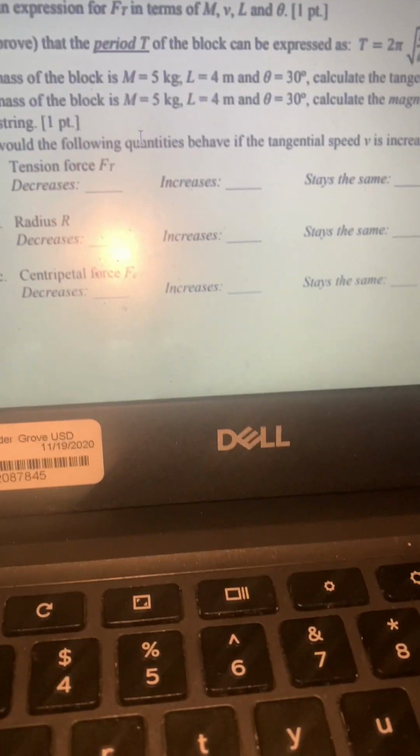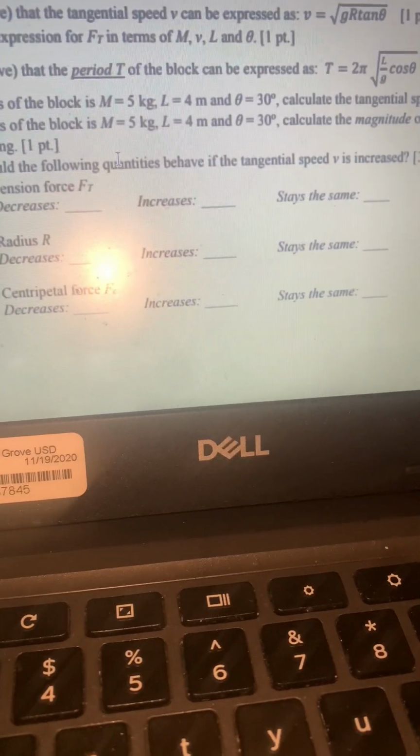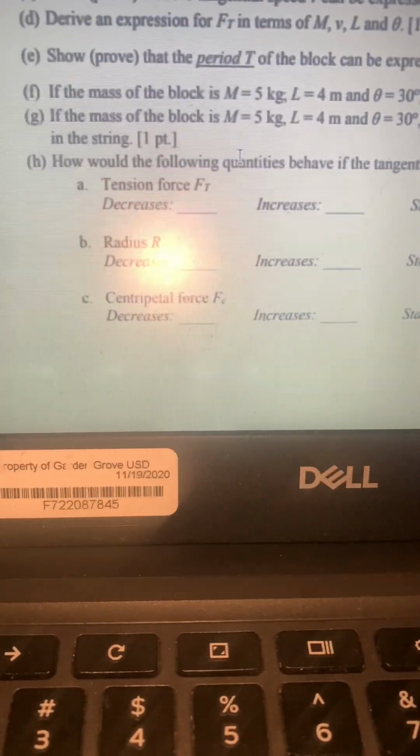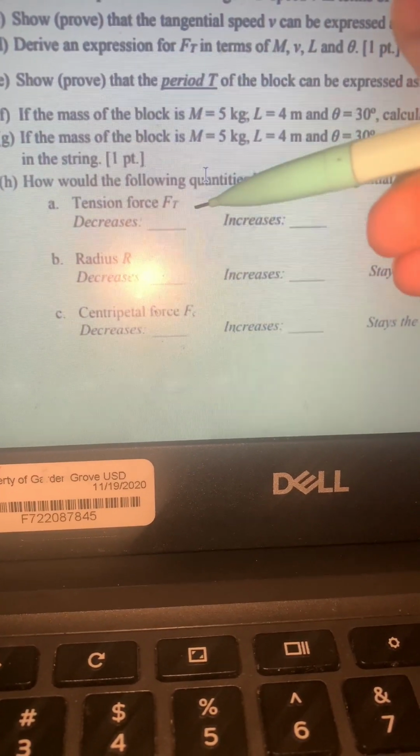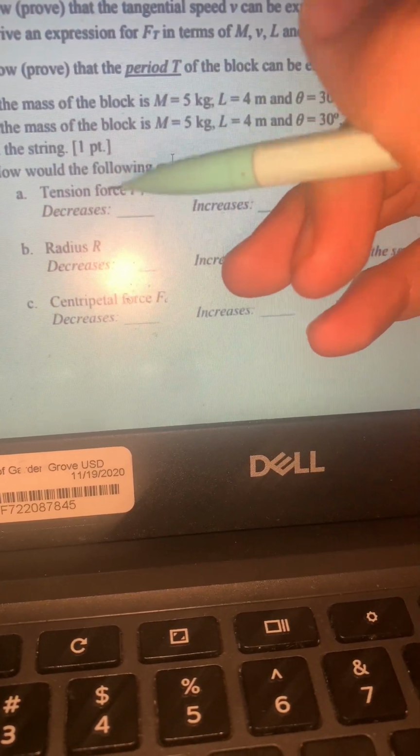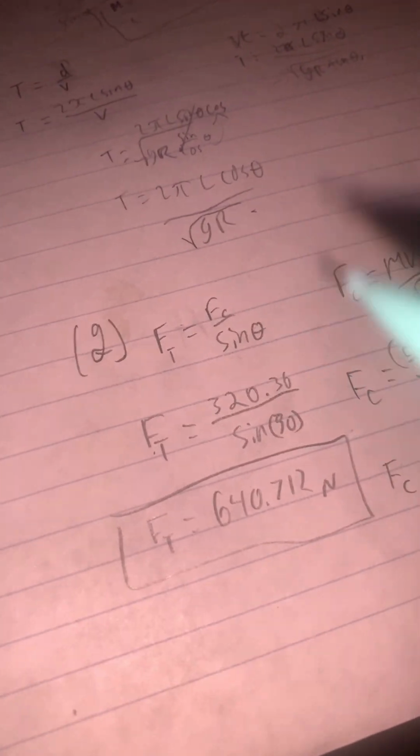The last question is asking how different quantities would react if the speed is increased. For the first one, the tension force would increase because, as we found beforehand, FT is equal to FC over sine theta.